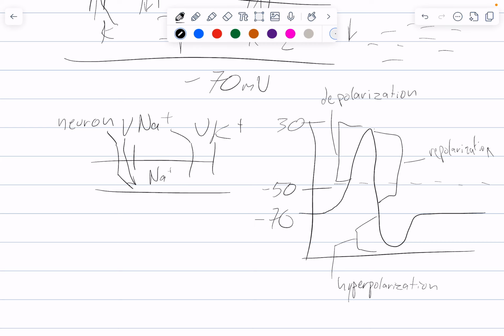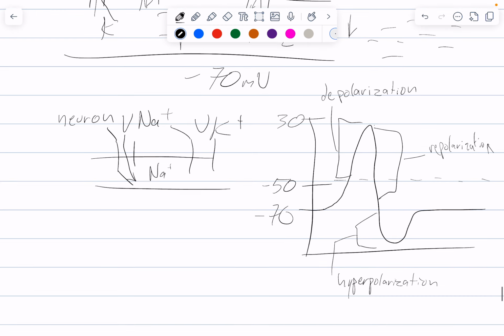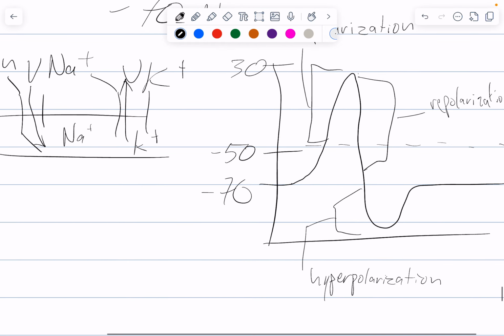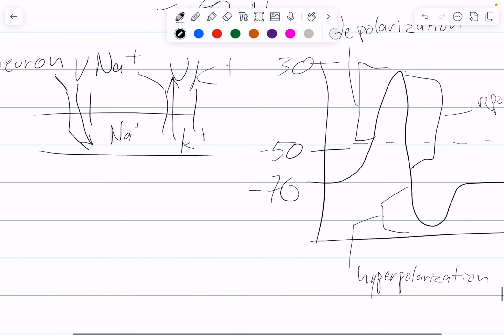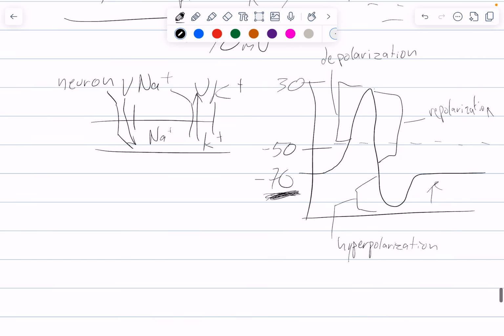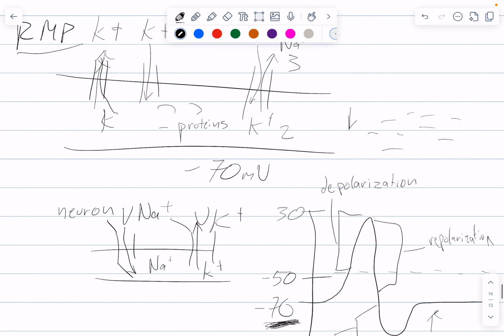And this allows the potassium to leave the cell, and that makes the cell more negative. So it brings it back down, but it's hard to regulate exactly bringing it to -70. So sometimes it is hyperpolarized, and that is when it is too negative. But it will come back up to the normal resting membrane potential.